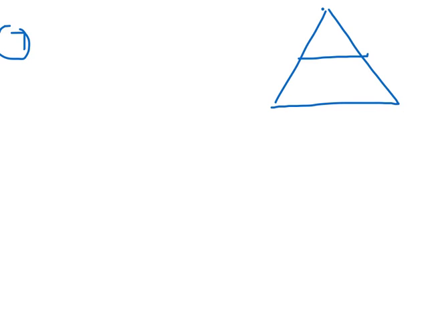Okay, so number 7 shows this figure. This figure looks like something that would be on a test to me. And they tell us a lot of information, so let's go label it. BC is parallel to DE.